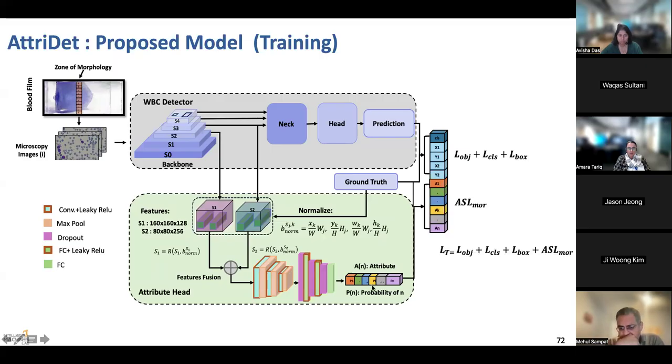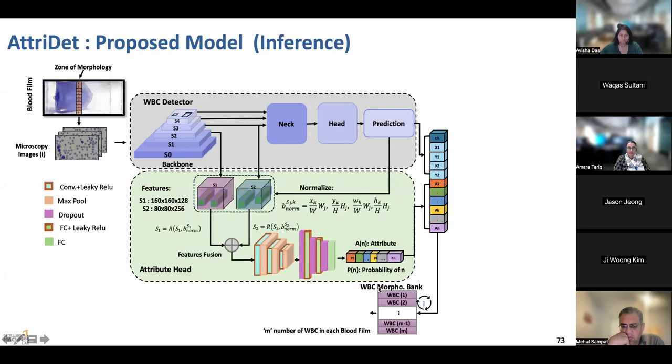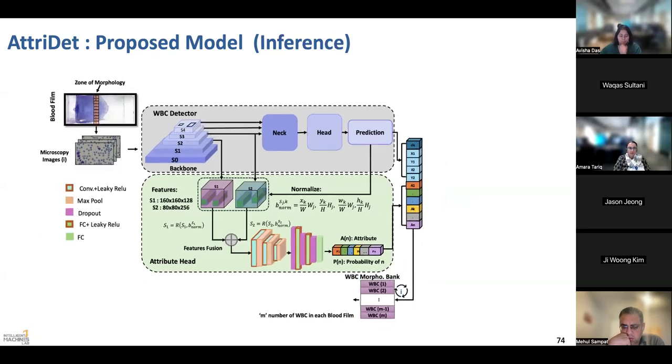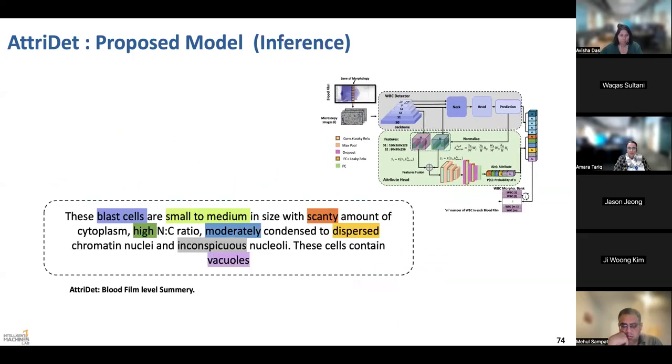So along with the standard object loss, classification and boundary loss, we also predict the probability of each attribute. We have gone through the different reports that the doctors wrote, and one interesting thing we observed is that most of the text remains the same; only a few keywords change.